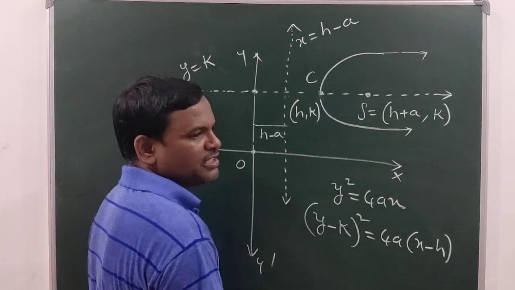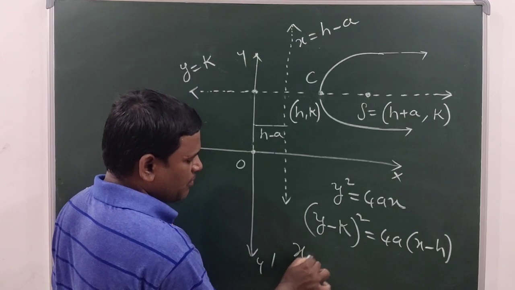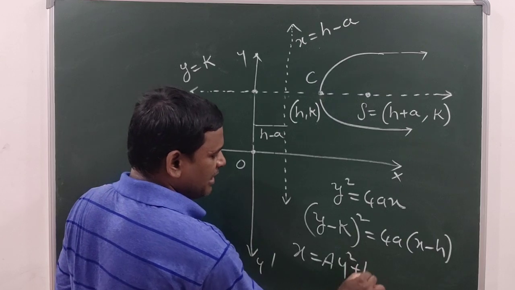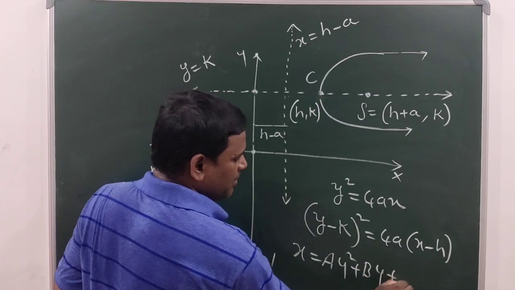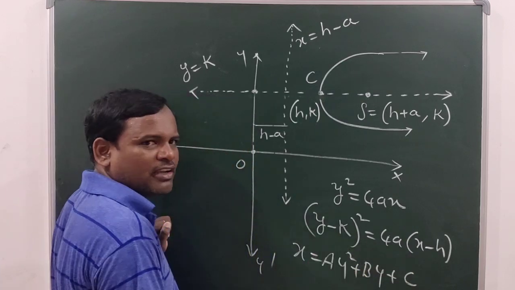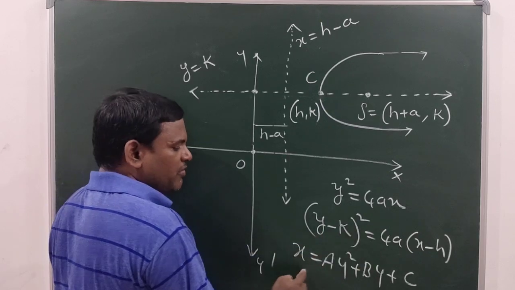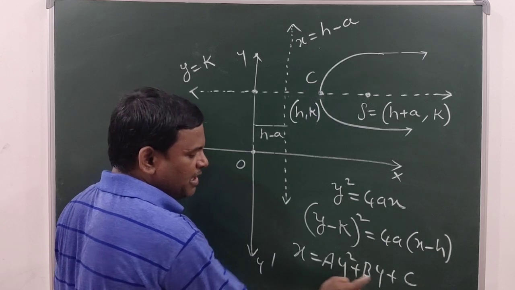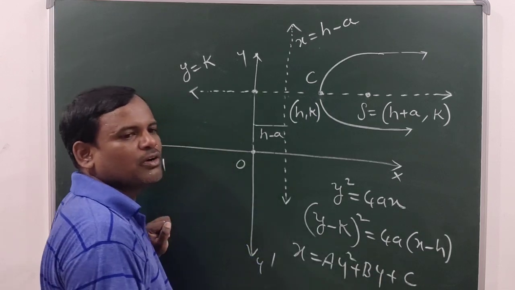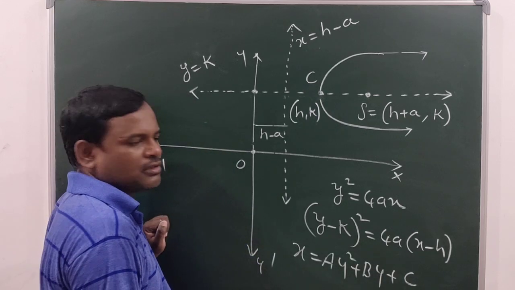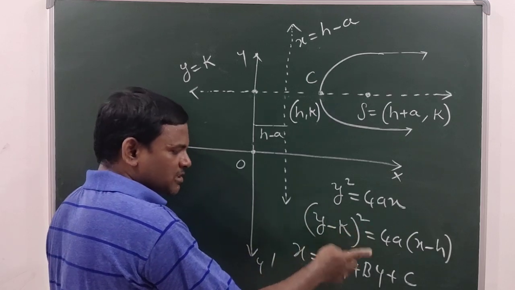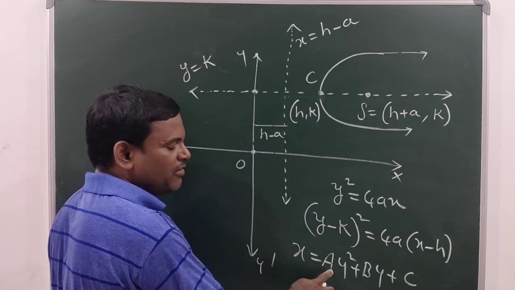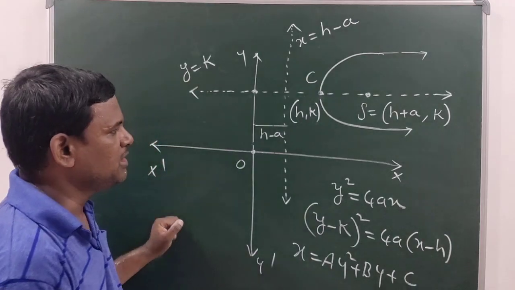If you simplify this, you will get it in this form: x is equal to capital A y square plus capital B y plus capital C, where capital A, capital B, capital C represent some real numbers. So on simplifying, this will be transformed into the form x is equal to ay square plus by plus c.